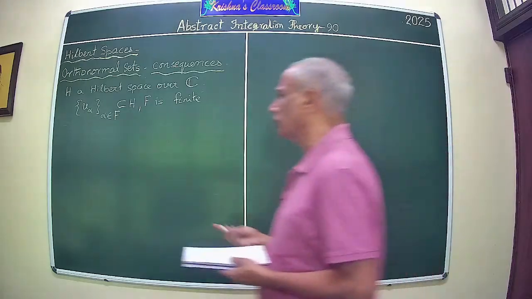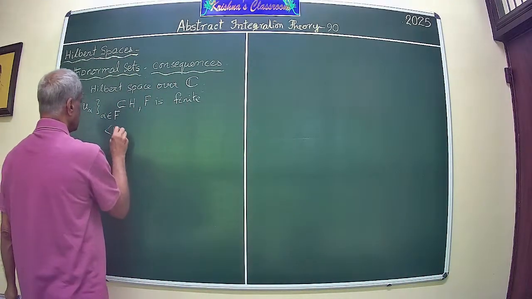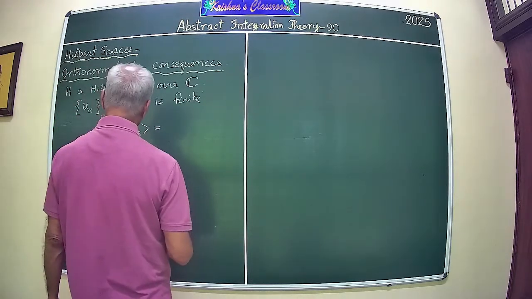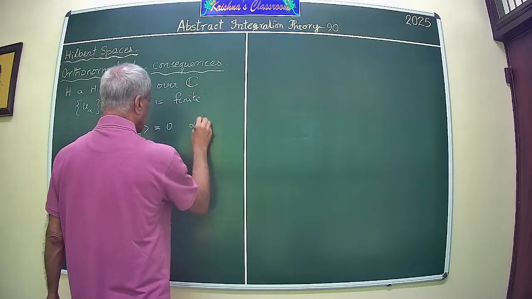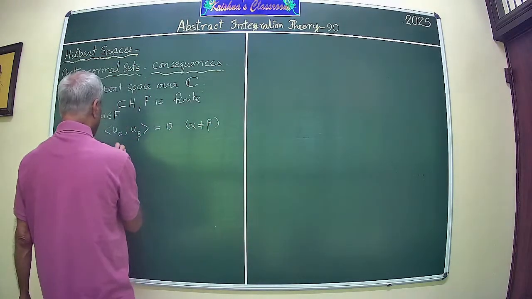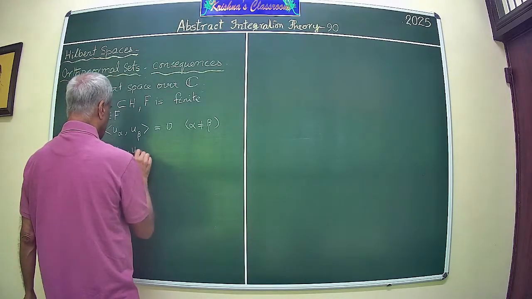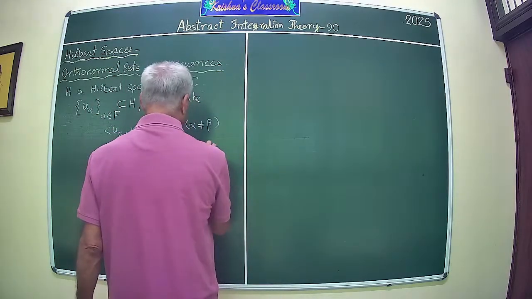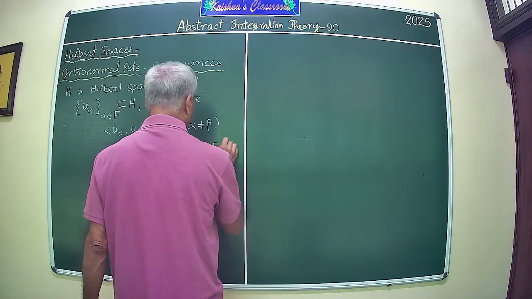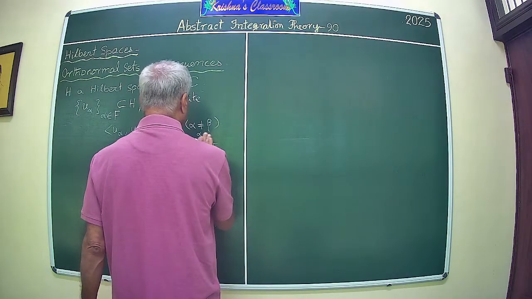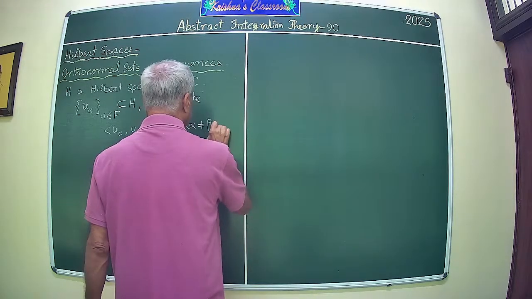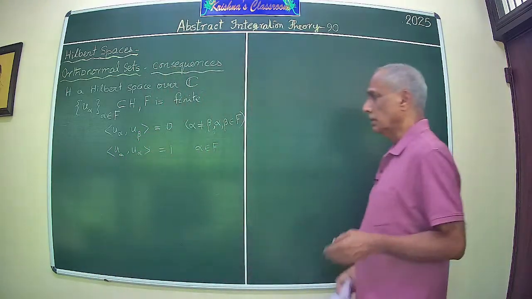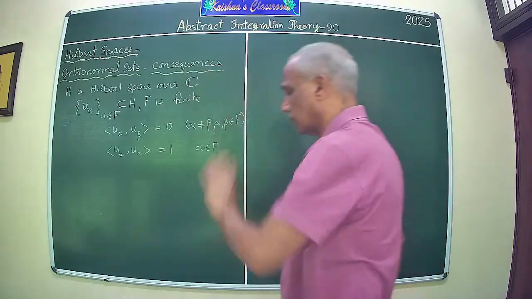It's an orthonormal set, therefore you have the property that the inner product of u alpha and u beta is equal to 0 whenever alpha is not equal to beta, and the norm of u alpha is equal to 1 for alpha belonging to F. This is the orthonormality relation. So we have an orthonormal set.